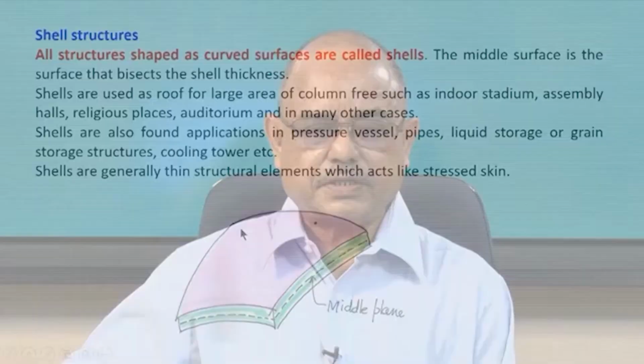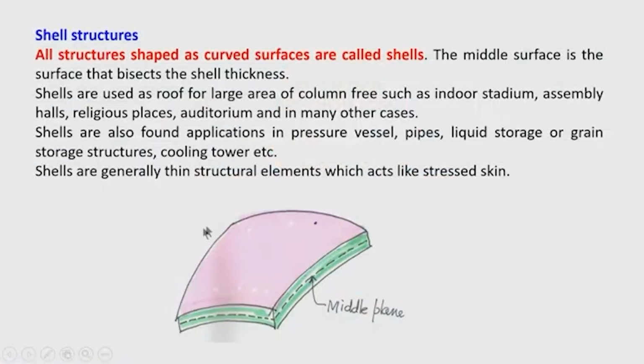So, before starting the classification of shell, we have to first discuss the geometry of the shell. The shell, you can see, is characterized by the curved surface, and surface is the main geometrical element, or plane. It is the important geometrical element of the shell.